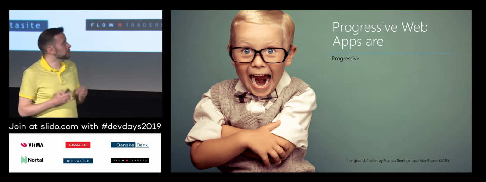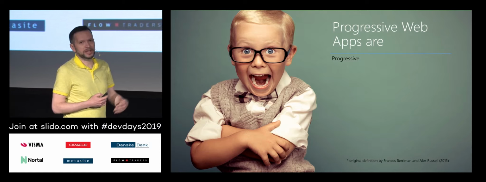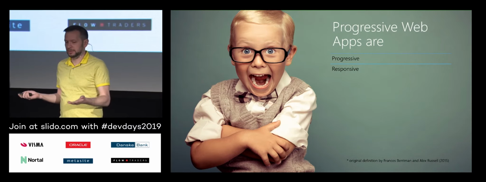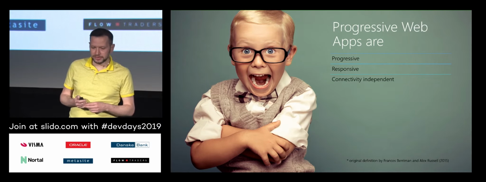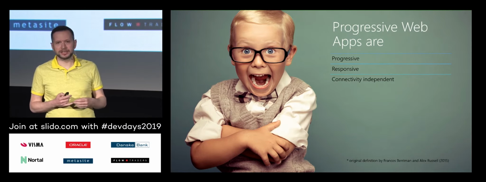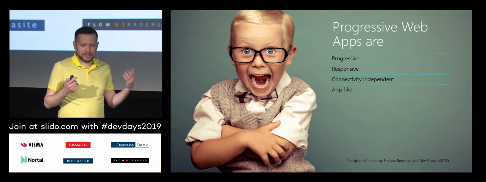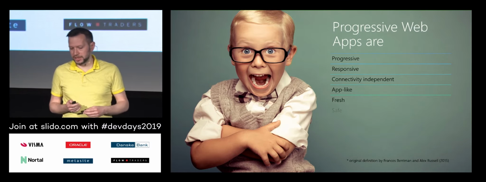One is in the name: progressive. They work for everyone, and then they improve depending on the capabilities of the device. They're responsive, which is self-explanatory. They work on every form factor. They work offline and in bad connectivity conditions, at least in some form. They look and feel like apps. They're always fresh and deliver fresh content.